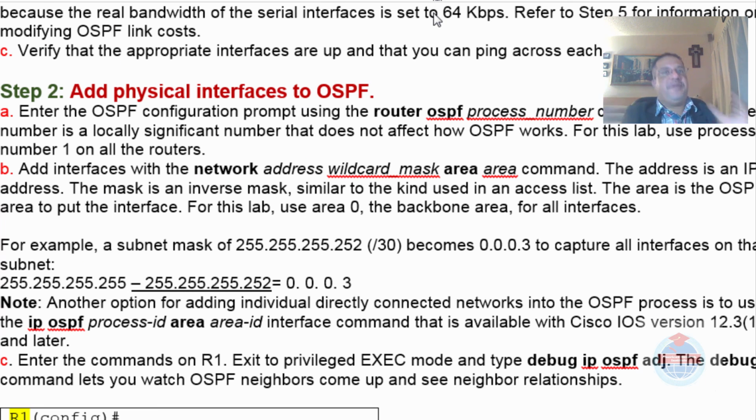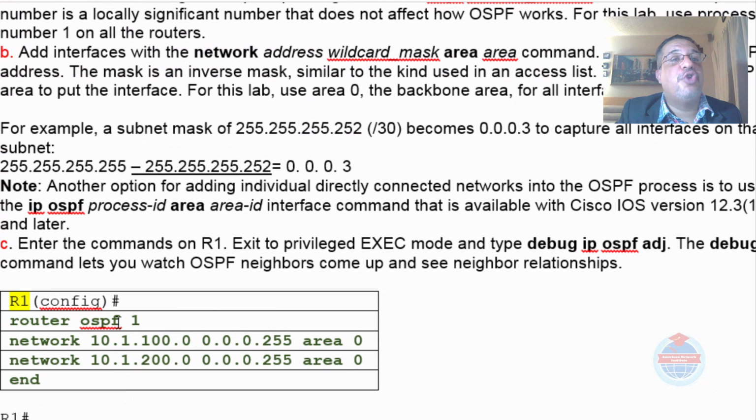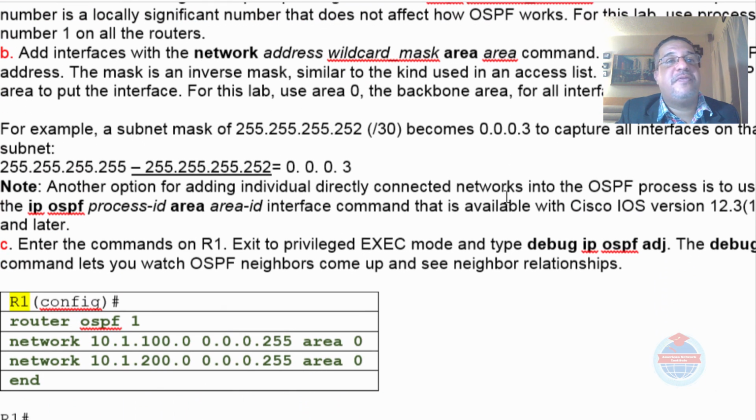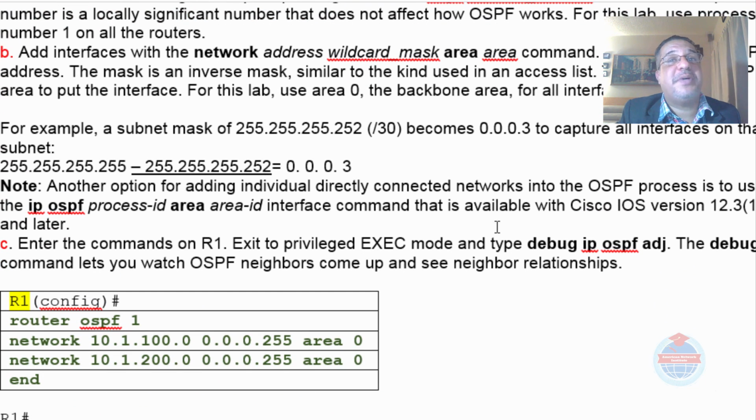Over here, add physical interface to OSPF. Enter OSPF configuration prompt using the router OSPF process number command. In our case, guys, we're gonna be using number 1. So what they are telling you over here, router OSPF number, we're gonna be using router OSPF 1.